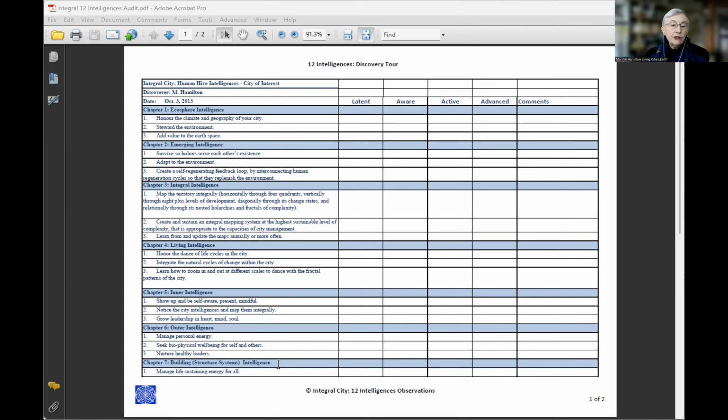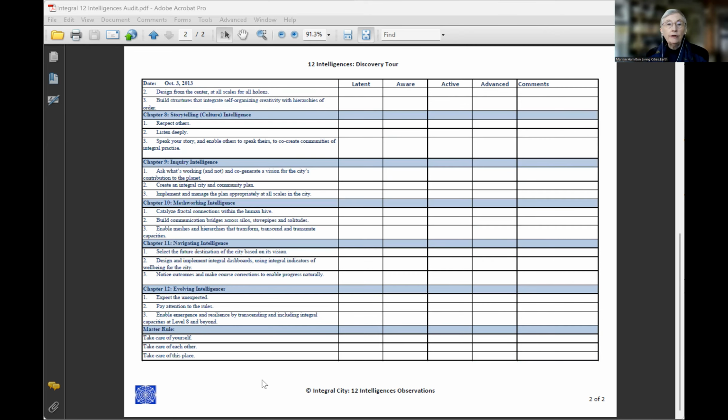But for the external building intelligence, the first evidence would be managing life-sustaining energy for all. This would be commensurate, on the collective level, with making sure that everyone has healthy opportunities for energetic input and energetic output. The second element in building intelligence is design from the center at all scales for all holons.